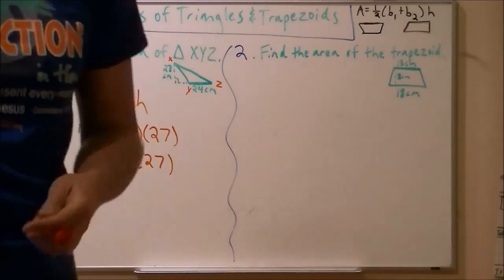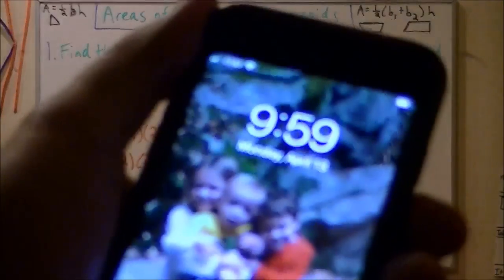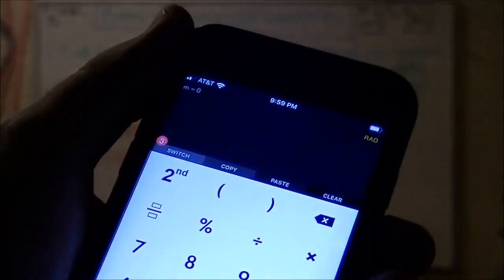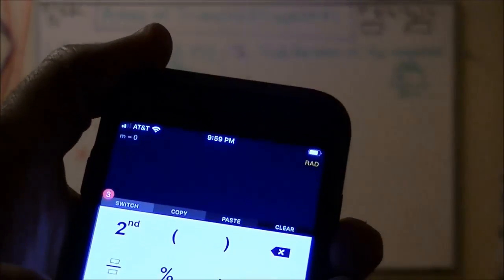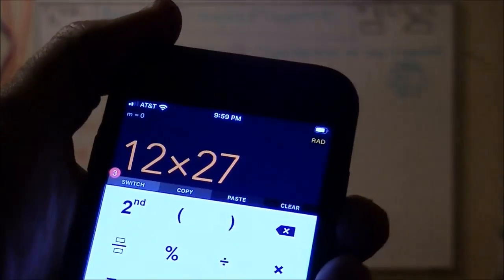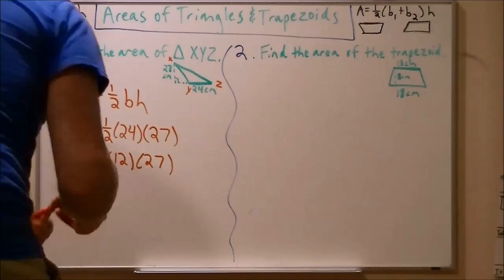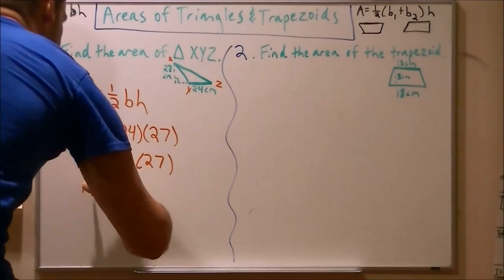So what I'm going to do now is punch in my calculator. 12 times 27. Remember you can use your calculators in this chapter, so we're going to have some pretty sizable numbers. So our number for our area is 324. A equals 324.